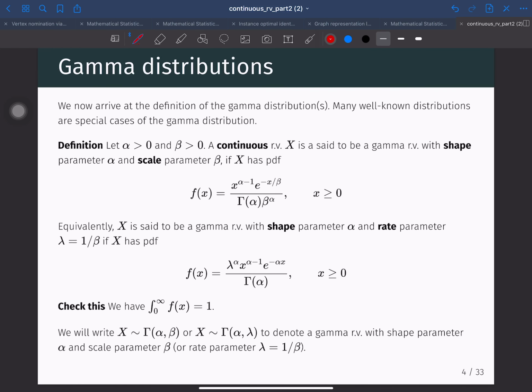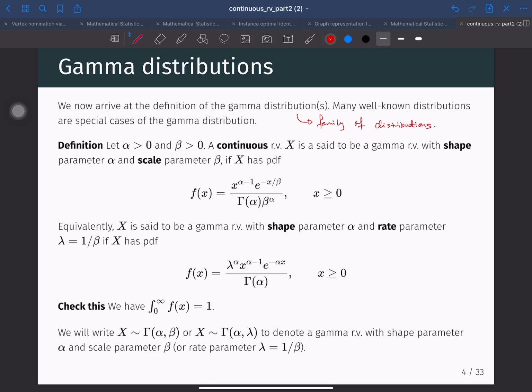So now we see that the gamma function can be used to define what is known as the family of gamma distributions. So the gamma distribution here is a family of distributions or family of continuous random variables.